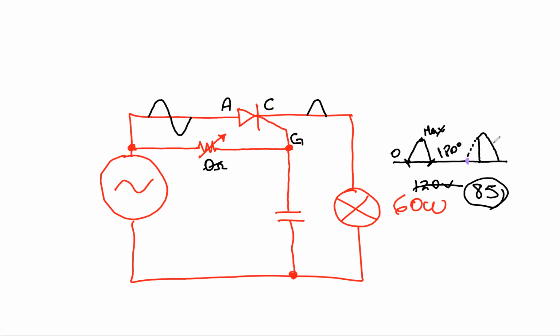And actually you are going to be able to see this on the oscilloscope when you do this lab. And the beauty of this is that I was able to control my output voltage without power lost. And that's the beauty of this circuit.